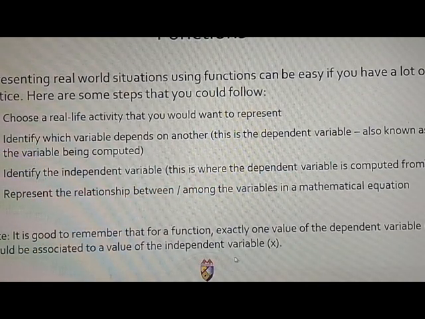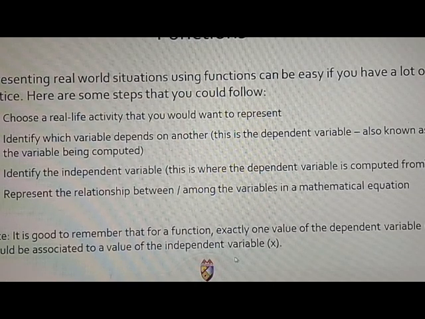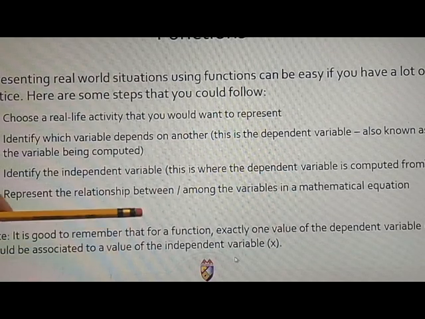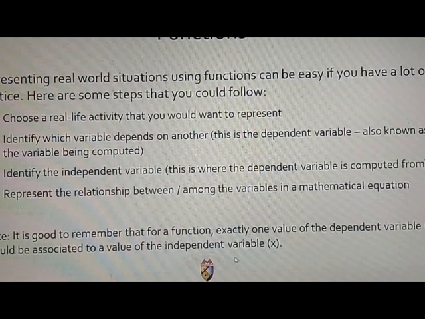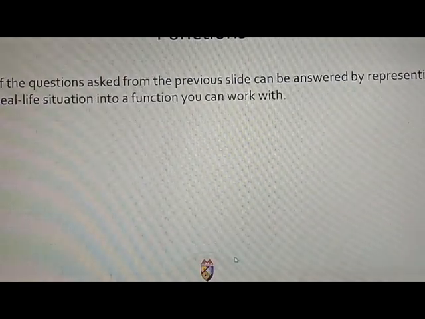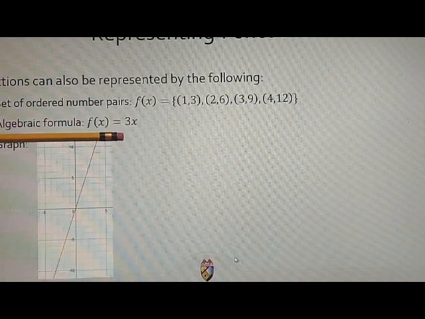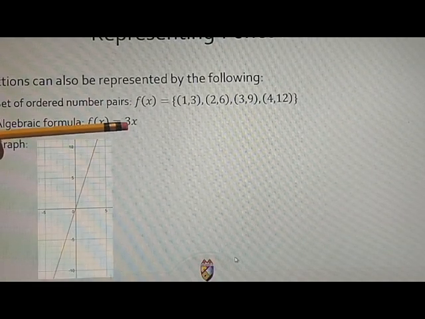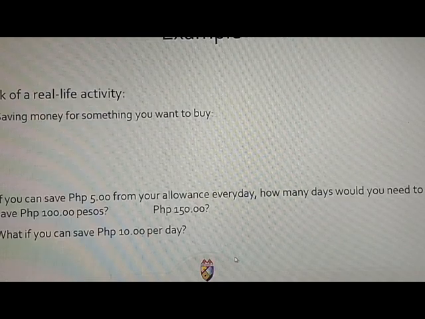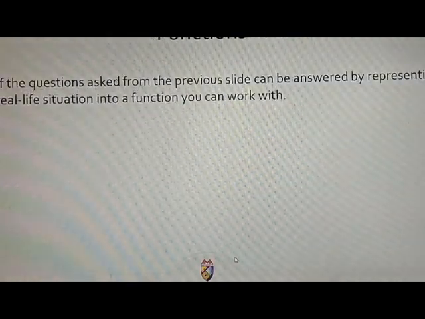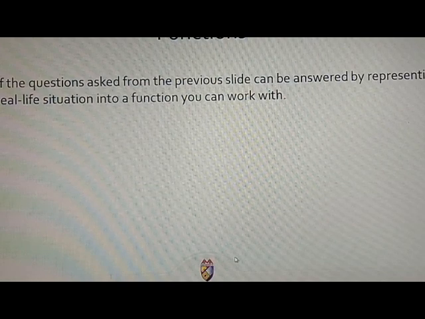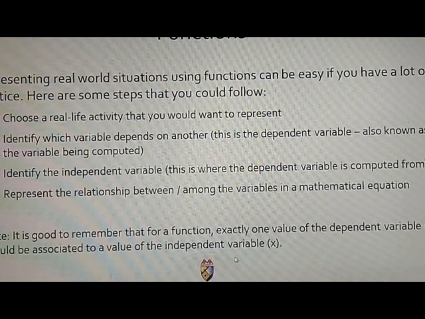Number 4, represent the relationship between or among the variables in a mathematical equation. Like our example earlier, we have the function f of x. We have the example here, f of x is equal to 3x. That is an example of a mathematical equation.